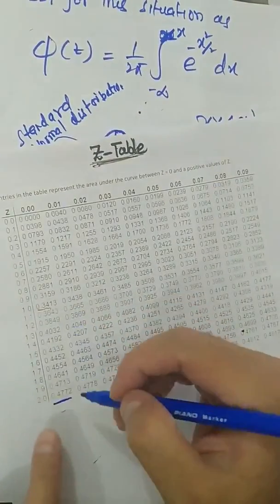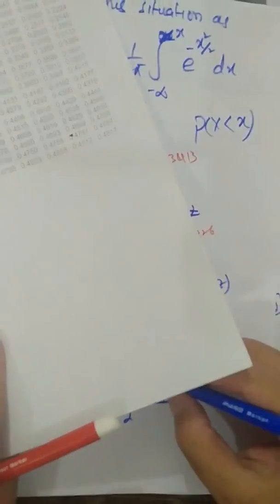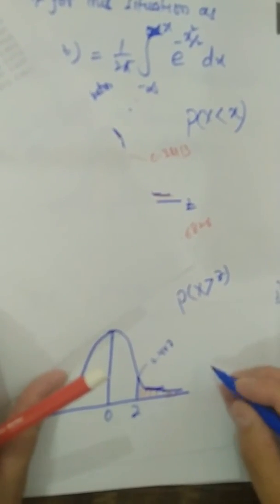The probability up to this region is 0.4772. The total probability on this side would be 0.5.